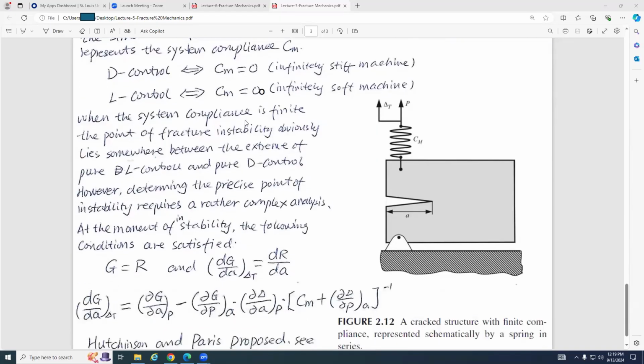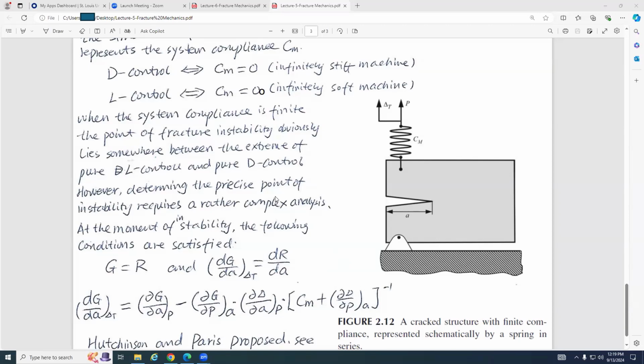When the system compliance is finite, the point of fracture instability obviously lies between the extremes of pure displacement control and pure load control. However, determining the precise point of instability requires a rather complex analysis.